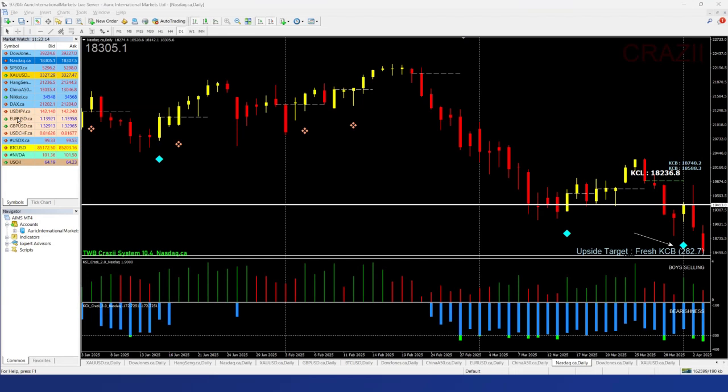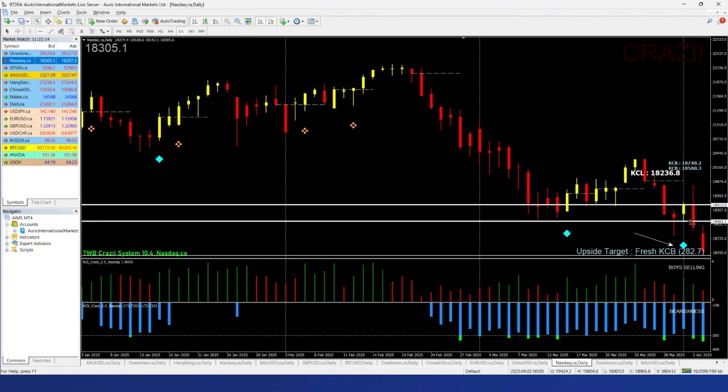Okay, watch. The stop loss will be placed here. This is the stop loss. So this is NASDAQ. My entry is 19,413. This is my entry level. Then my stop loss is 19,070.